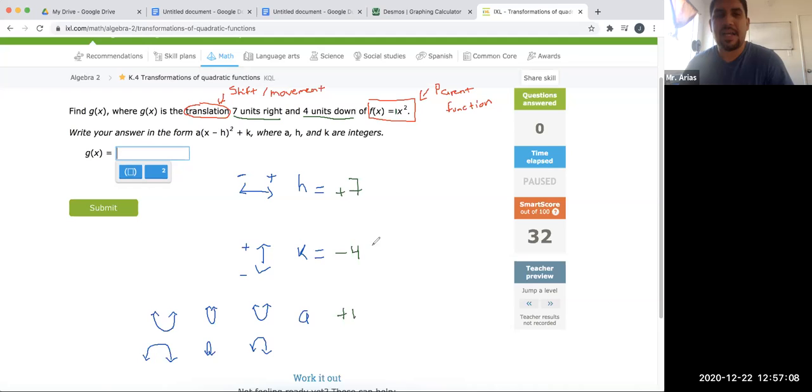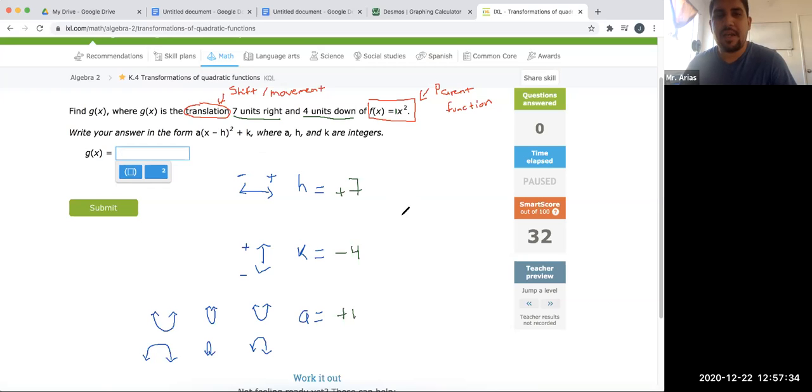So that's going to be the same one we're going to choose for this equation. Okay, so now we have the values of h, k, and then a. So we're good to now come up with the final equation. All we have to do at this point is to place the values of h, k, and a into this equation, and we'll be able to find out the final answer.